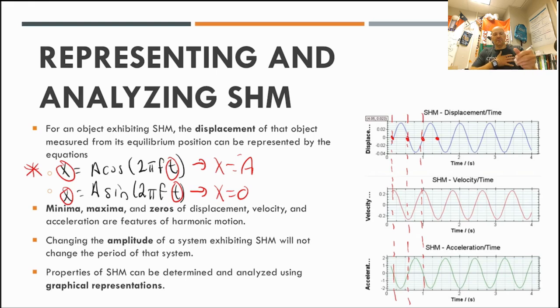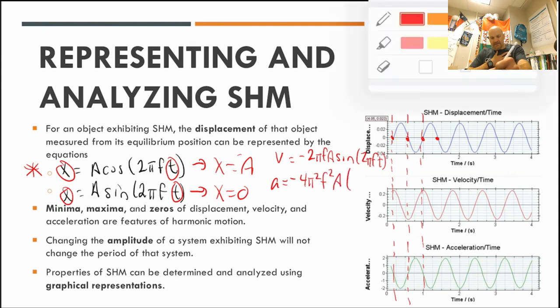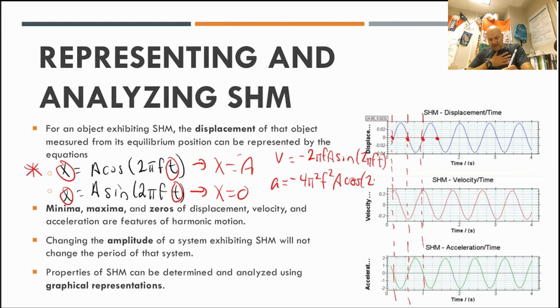If you were to take AP Physics C, you would derive the rest of these equations. And so v is negative 2 pi f A sine 2 pi f t. And then if you were to take the acceleration, you end up with negative 4 pi squared f squared A cosine 2 pi f t.